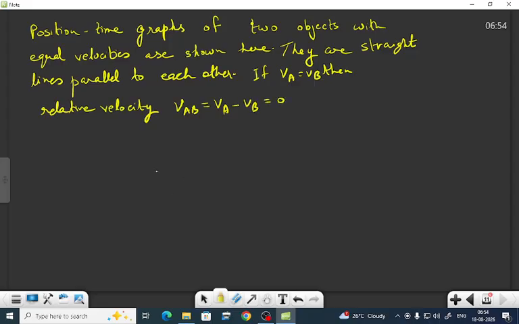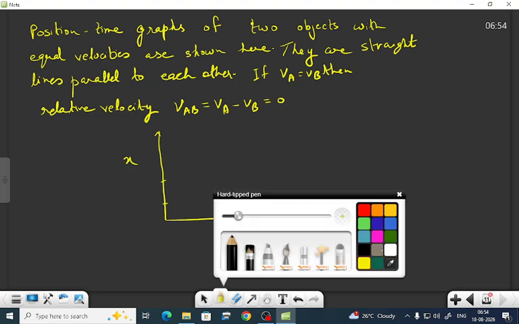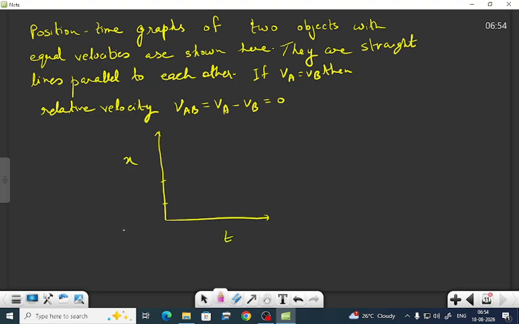So how can the position time graph be shown? So this is displacement, this is time. If you draw 2 graphs like this, they will be parallel to each other.